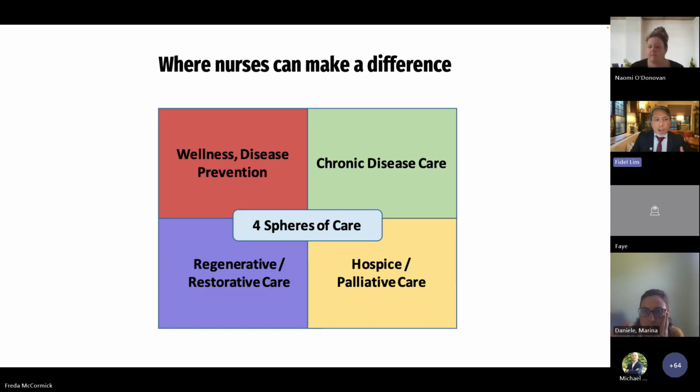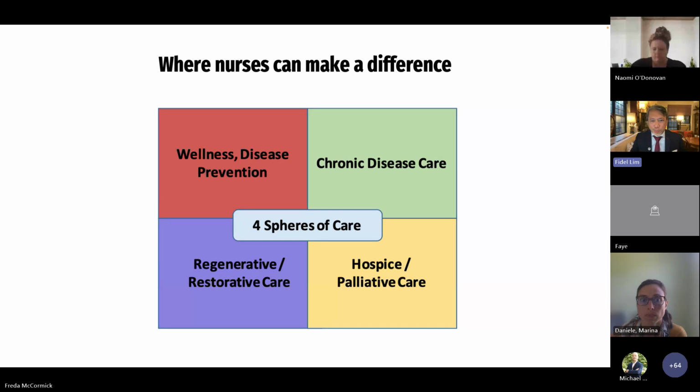So when I want to teach about LGBTQ health, I would like to see more attention on the wellness and health promotion. How do we keep ourselves healthy? And I tell my students, an LGBTQ person stays healthy the same way as everybody else, right?